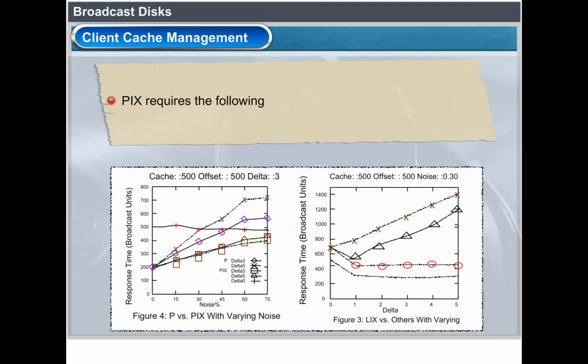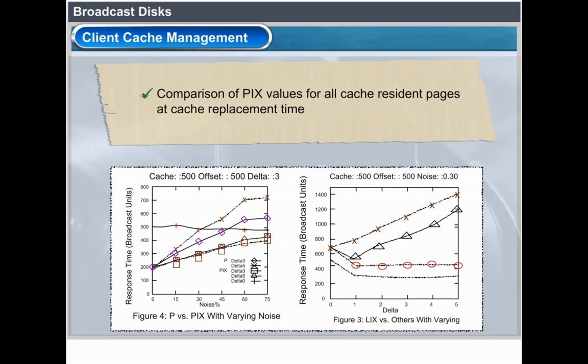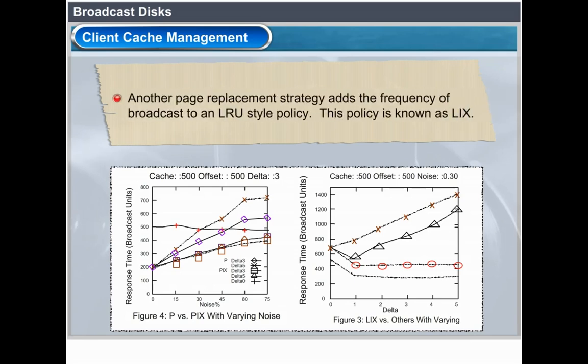PIX requires perfect knowledge of access probabilities, and comparison of PIX values for all cache resident pages at cache replacement time. Another page replacement strategy adds the frequency of broadcast to an LRU style policy. This policy is known as LIX.